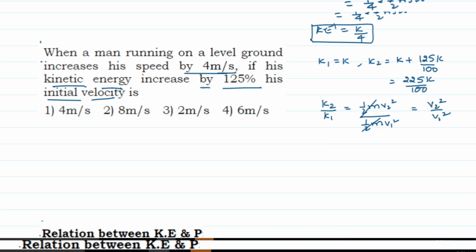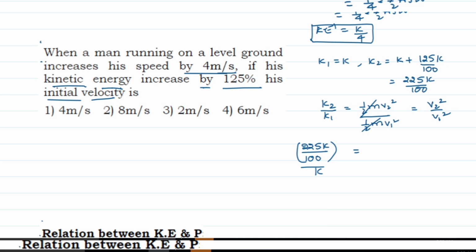We have already calculated the final and initial kinetic energy: this is 225K by 100 by K, which equals v2 square by v1 square.